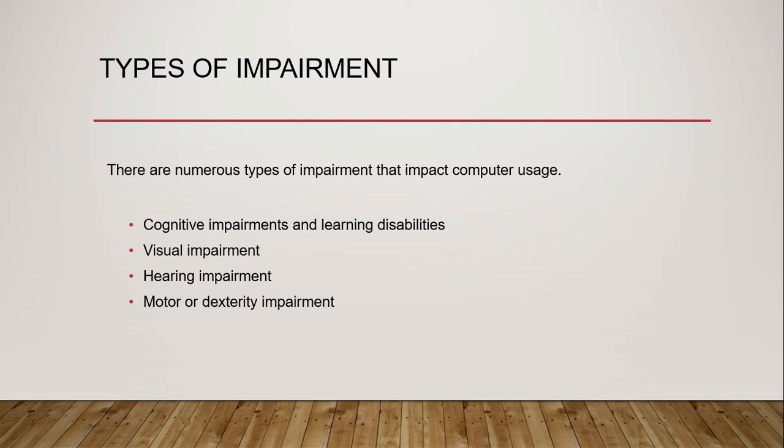First, what is a cognitive impairment? Cognitive impairment is nothing but a person having trouble in remembering. In our day-to-day life, you may see a few people who cannot remember what they do. That is the main problem, that is cognitive impairment.